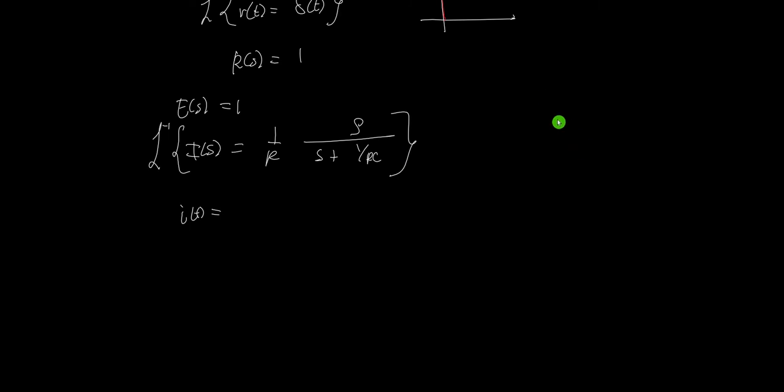This is in the form s over s plus a. If you remember our Laplace table, what function will give s over s plus a when I take its Laplace? What is this function? That is the inverse Laplace.